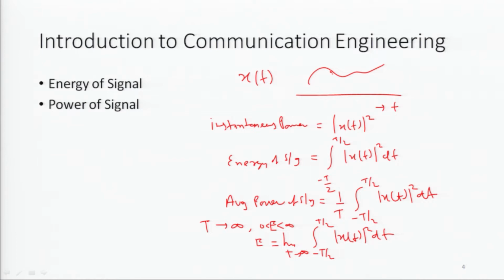That is, over the complete duration minus infinity to plus infinity, mod of x(t) squared dt. If you get a finite value of energy, then its energy can be calculated using this.